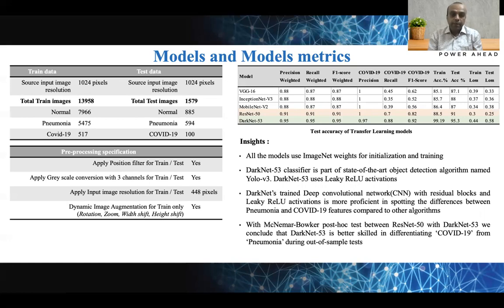To address this, we applied dynamic image augmentation, which takes existing images and makes a few changes, like rotating the images by a few degrees, zooming in, zooming out, and doing some shift in the images. Even in those conditions, the model should learn to get the right pathology.